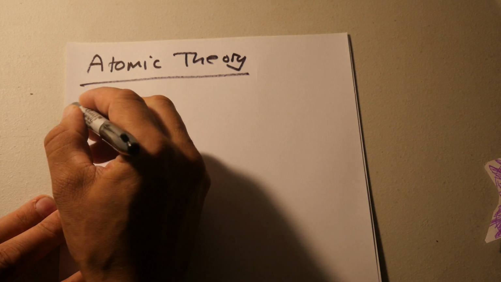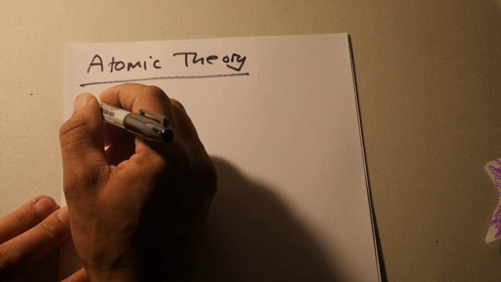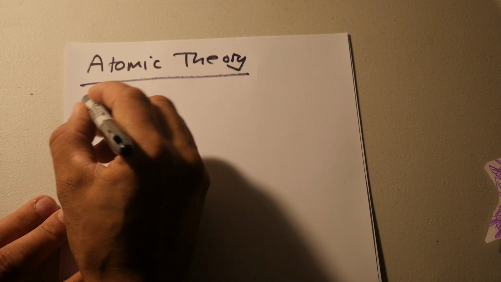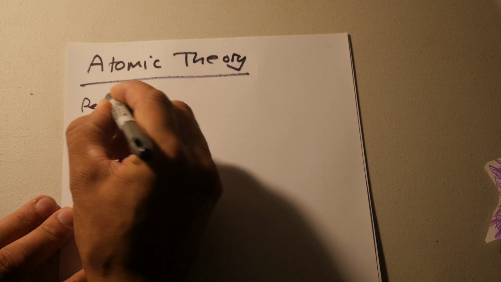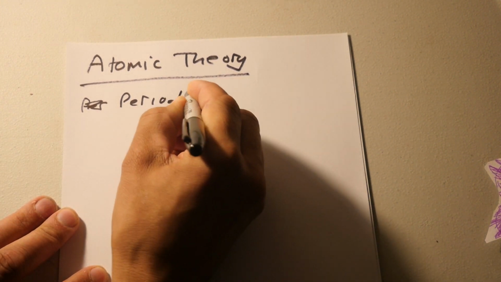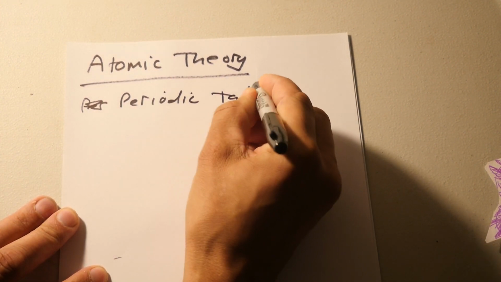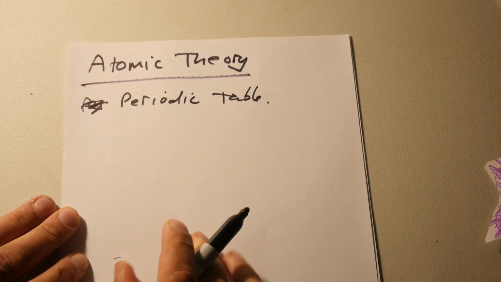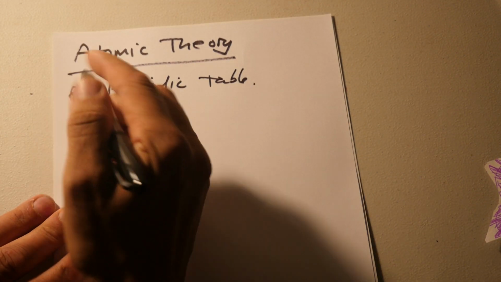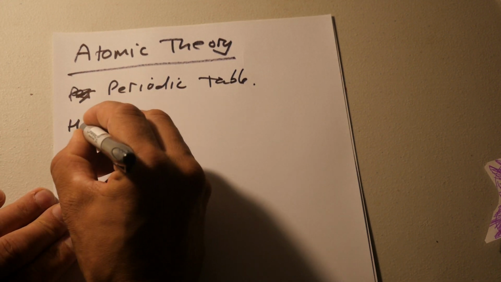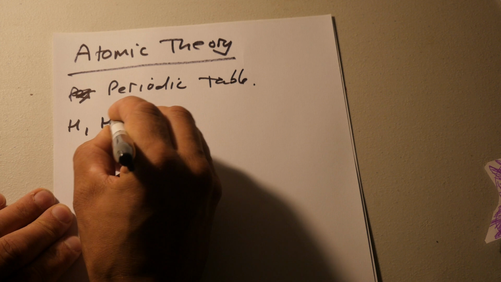The elements are all arranged in the periodic table, which I don't have to hand, stupidly, but you'll know what those look like. Starting with hydrogen, followed by helium.